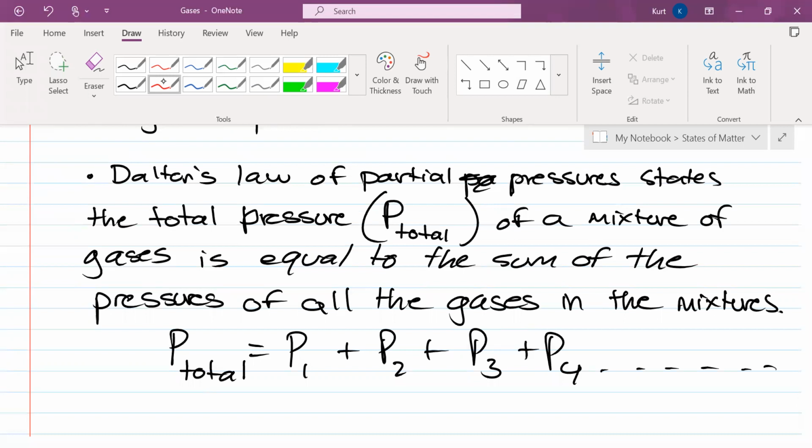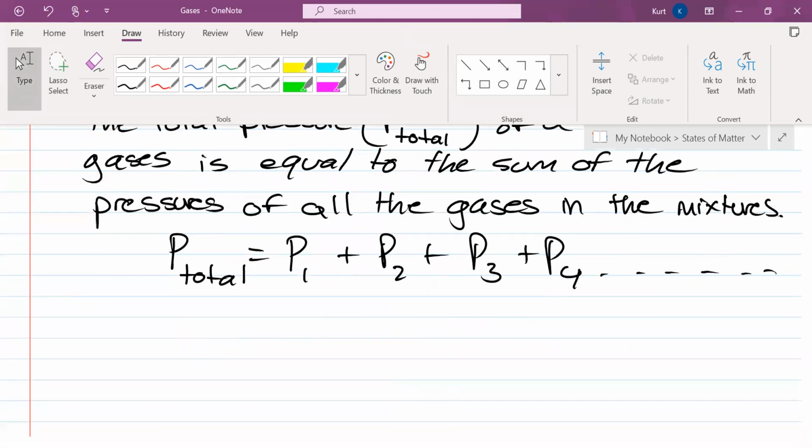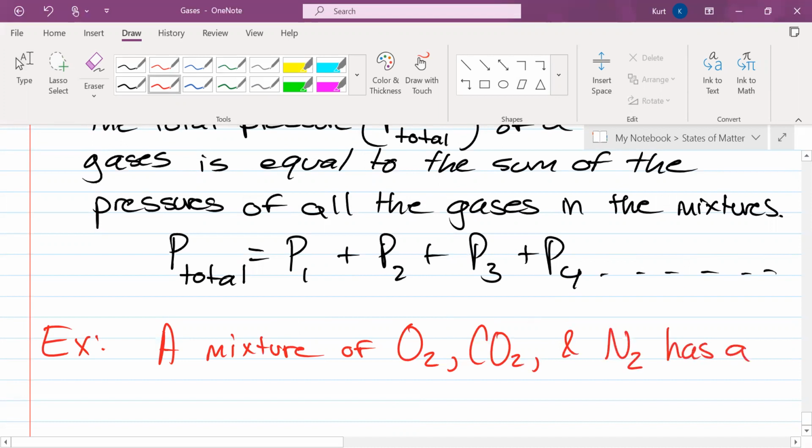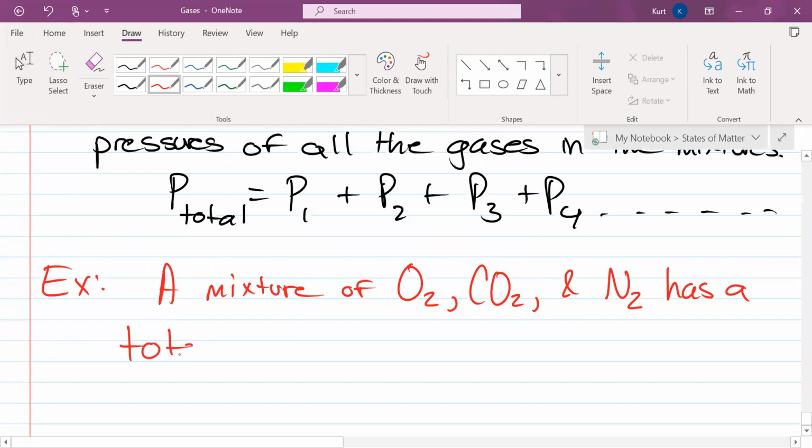You ready? All right, we have 4 minutes left. Here's an example problem for Dalton's partial pressures. A mixture of oxygen, carbon dioxide, and nitrogen has a total pressure of 0.97 atmospheres.